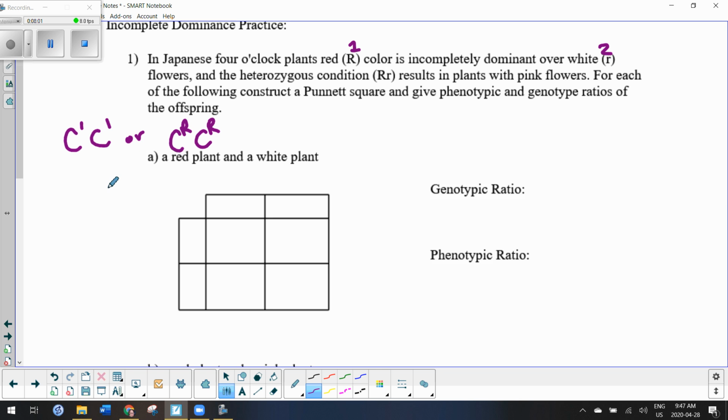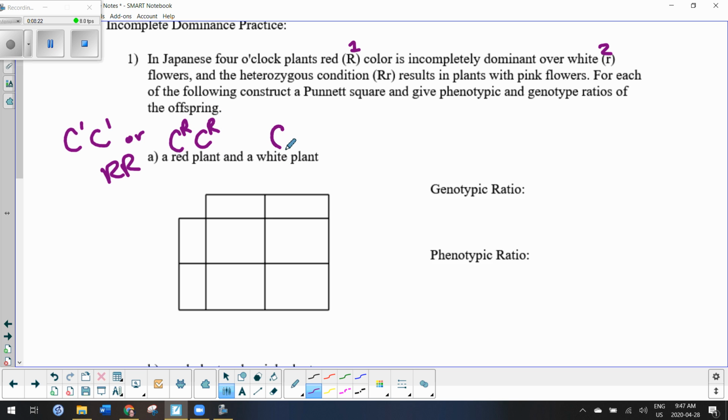Since all of your tests are multiple choice, some people can just do this and know that that's red. It's more preferred if you do these two, but I'm okay with whichever. I'm going to stick with this one because I can see the R's and what they represent.